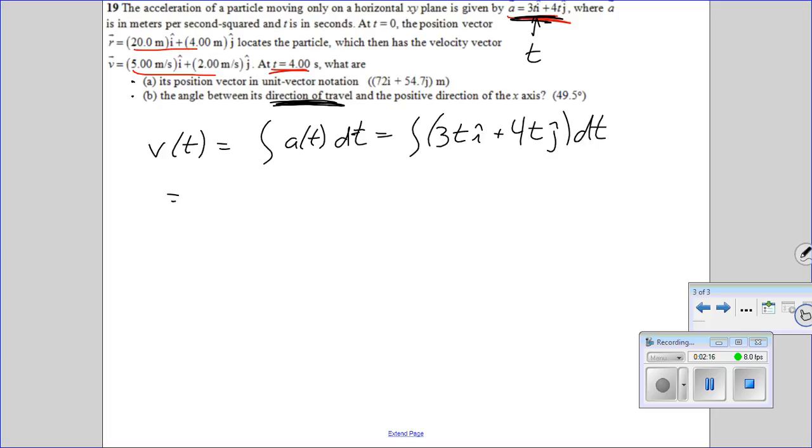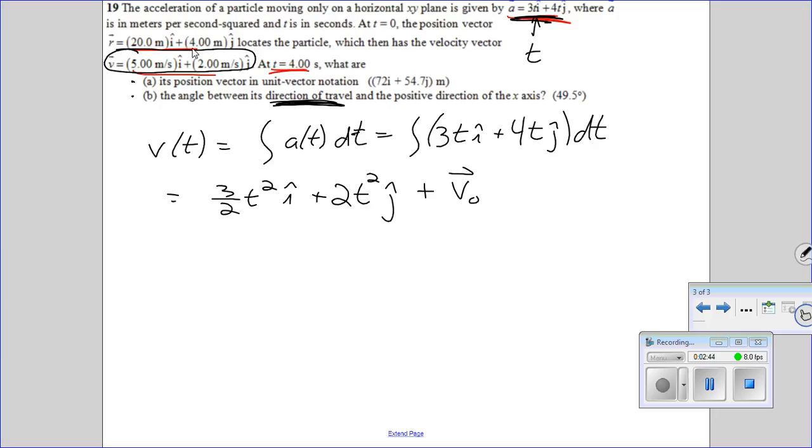So when you integrate that, we have to increase our power up to 2, which means we're going to end up with 3/2 t squared in the x direction, and then 2t squared in the j direction, plus whatever our initial velocity is, right? Oh, but it tells us the initial velocity.